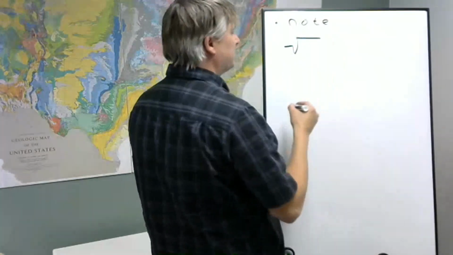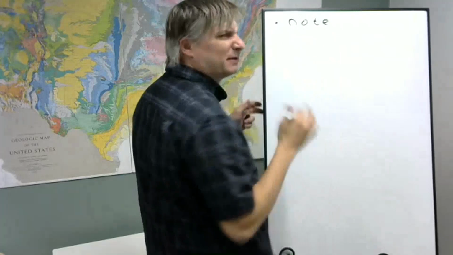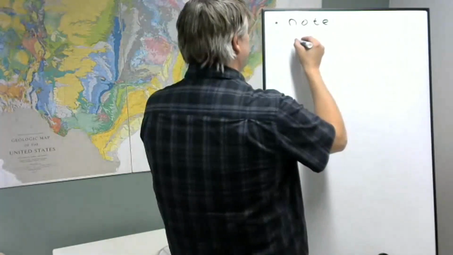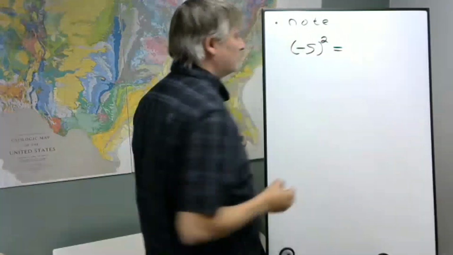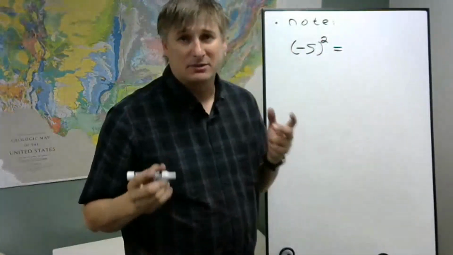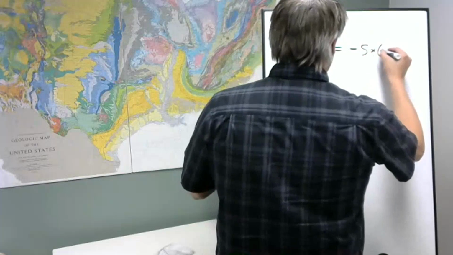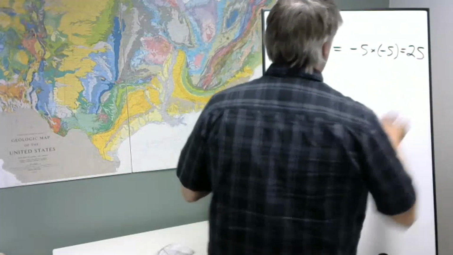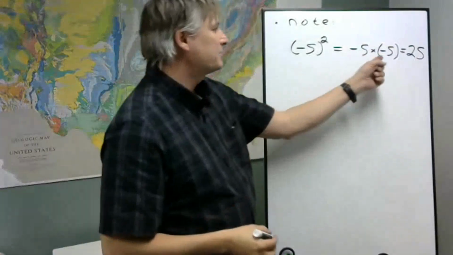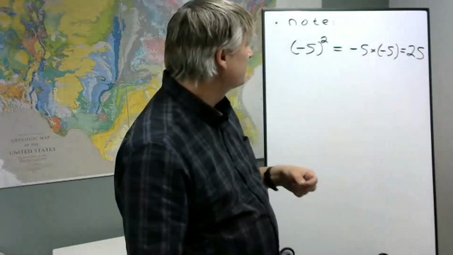Again, positive square root. In fact, before we jump into that, let's say we have negative 5 squared. So that's negative 5 times negative 5. Negative times negative is positive. 5 times 5 is 25.